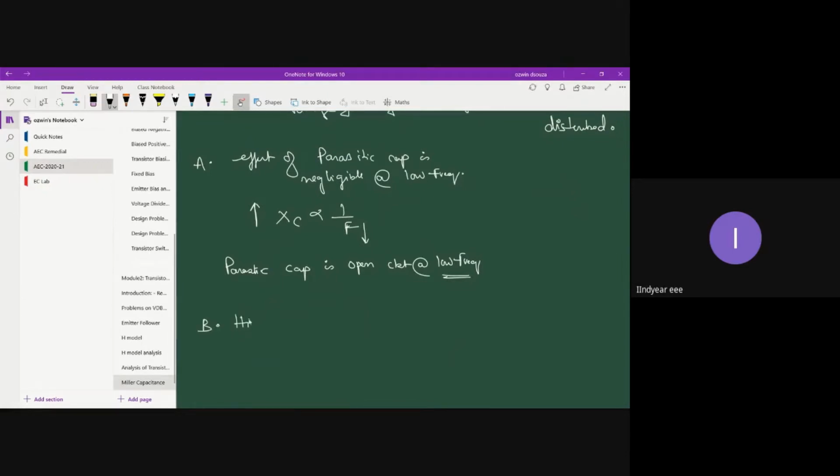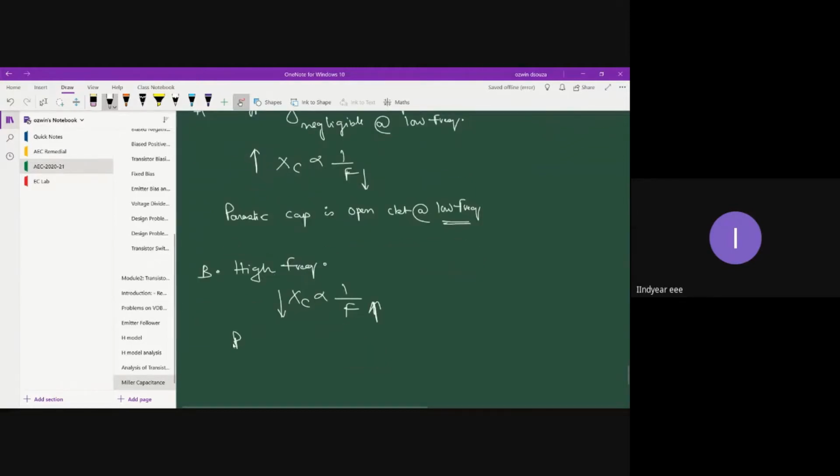But at high frequency, you cannot treat them as an open circuit element. That's because at high frequency, the reactance is very low.